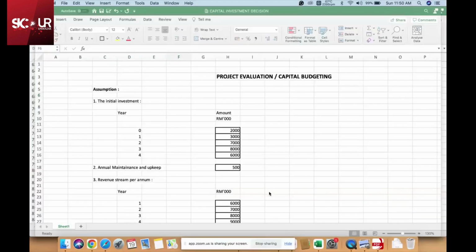I want to now give you these notes on the capital investment decision.